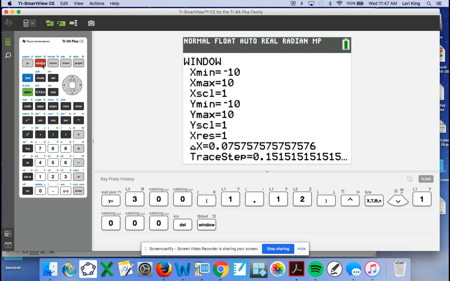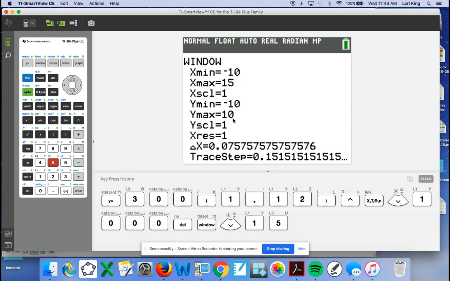So my x maximum of 10 really isn't going to be enough for that point of intersection to be on my screen. So I'm going to change my x maximum value to be just 15. Anything around 11 would be okay, but I want to make sure I could see it on my screen. I have a y minimum value of -10.